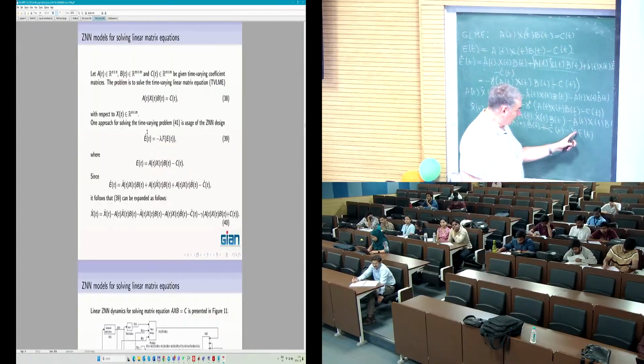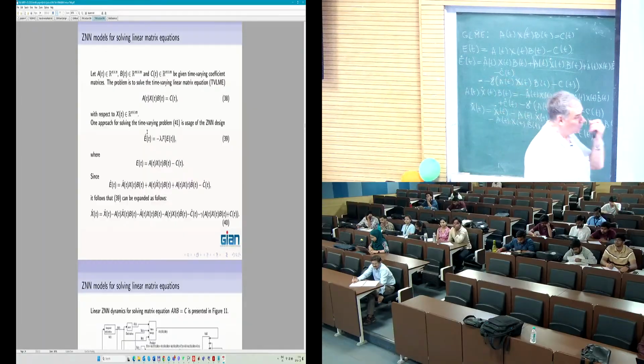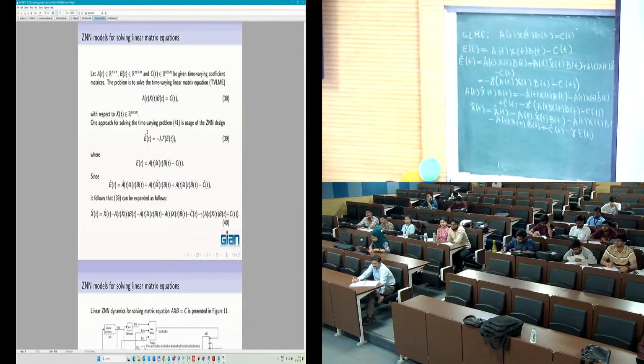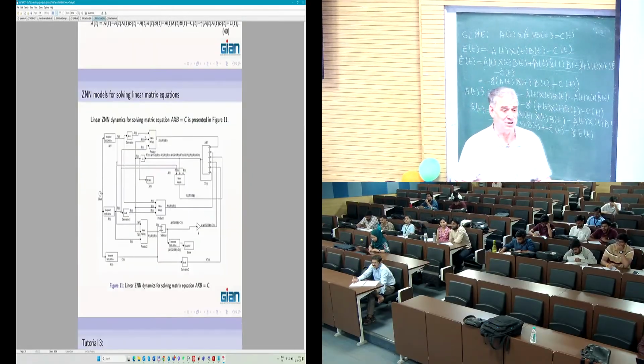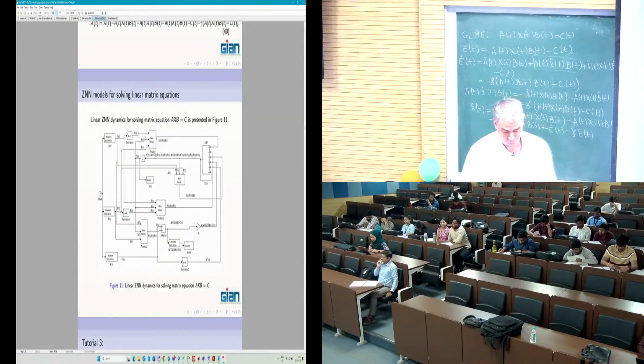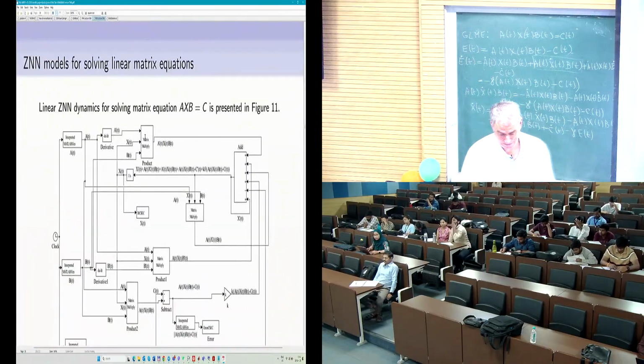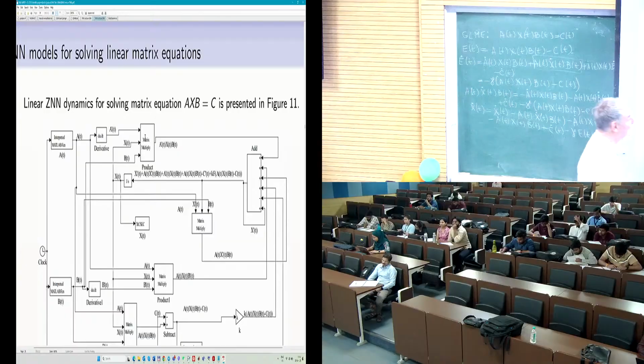Possibly, here can be a nonlinear activation function. It looks complicated, but nothing is complicated here. Of course, the corresponding Simulink also looks relatively complicated with many terms.